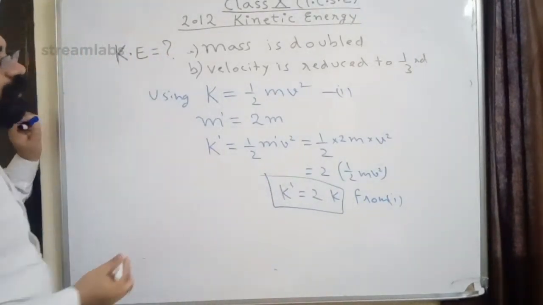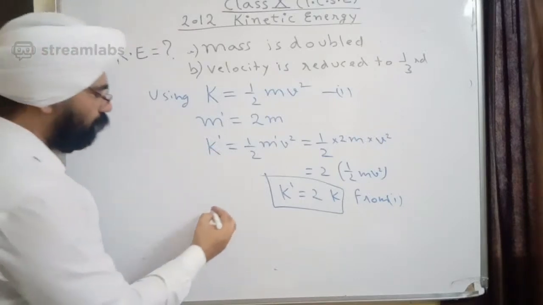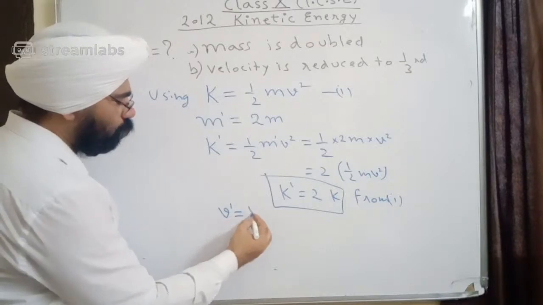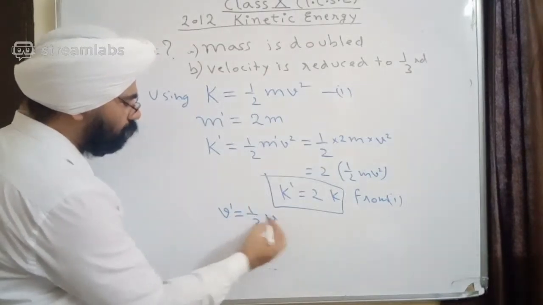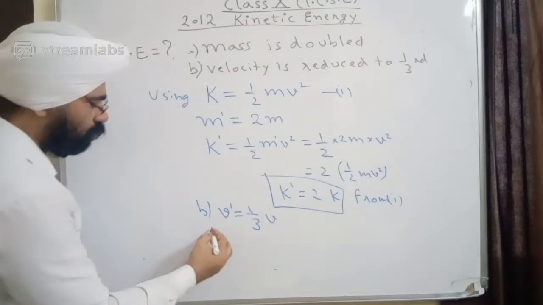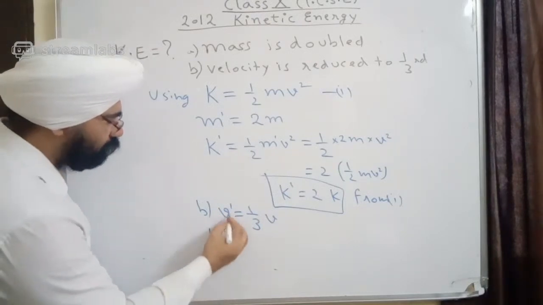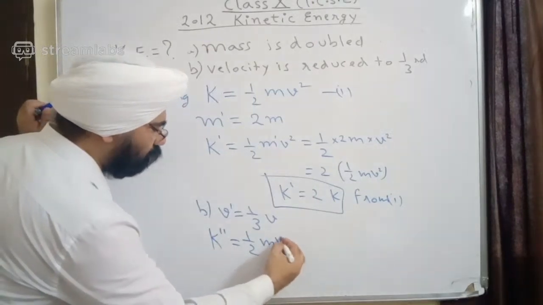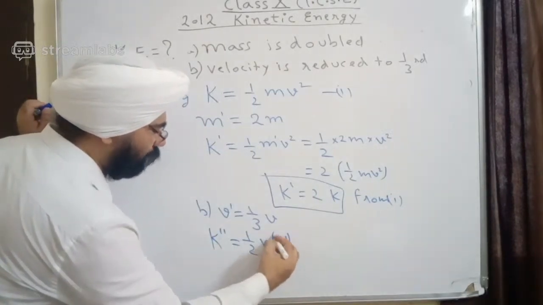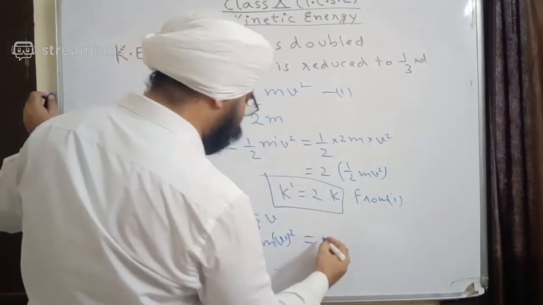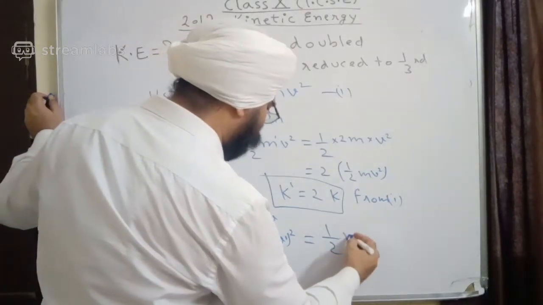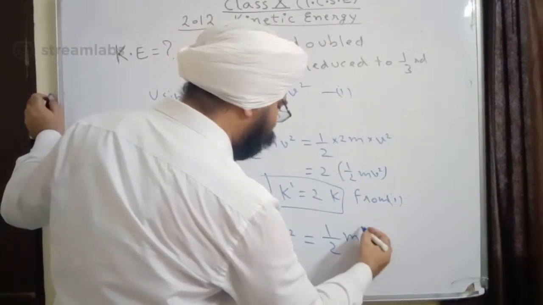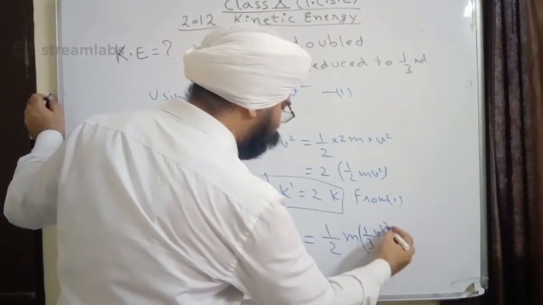When velocity is reduced to 1/3, we say that v dash is equal to 1 by 3 v. This is the second case. So K double dash is equal to half m v dash square, which is equal to 1 by 2 m into (1 by 3 v) whole square.